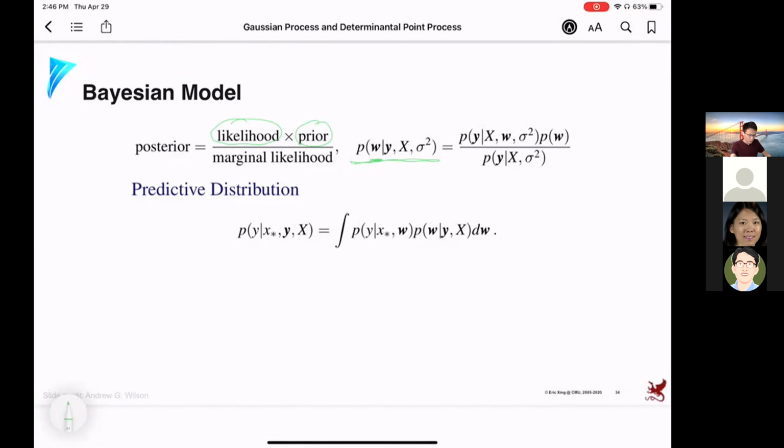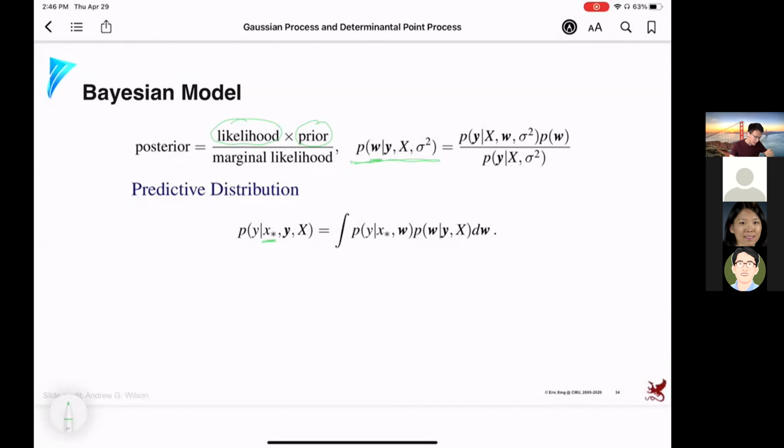And then when I want to do prediction, in the frequentist perspective, I have a parameter estimated, right? Maybe based on my loss function or maximum likelihood. I just fix this parameter and then plug in the new data point X star into my model. But for the Bayesian approach, I don't have a fixed parameter.